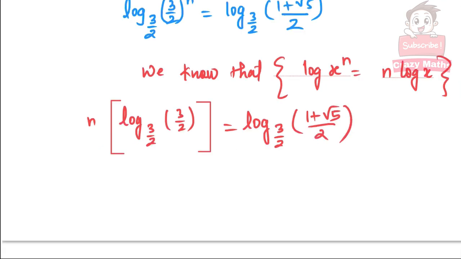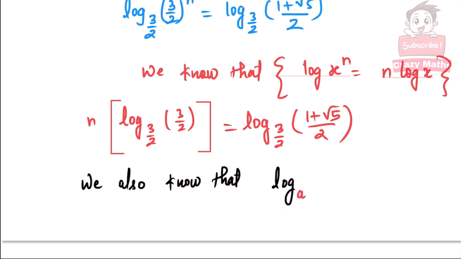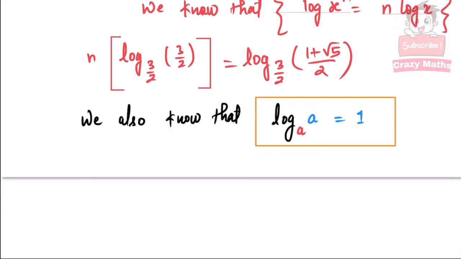Okay, now we know that if the base and value are the same, then the value of the log is 1. Log a base a equals 1. We know this too. The same case is found in this equation.